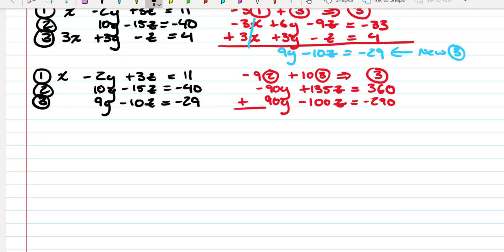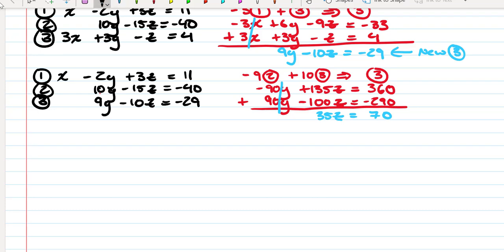And then we're going to add these two equations together, just like we did in the previous ones. So our y's eliminate as we had planned, and then we have 135z plus negative 100z gives us 35z, and 360 plus negative 290 is equal to 70.